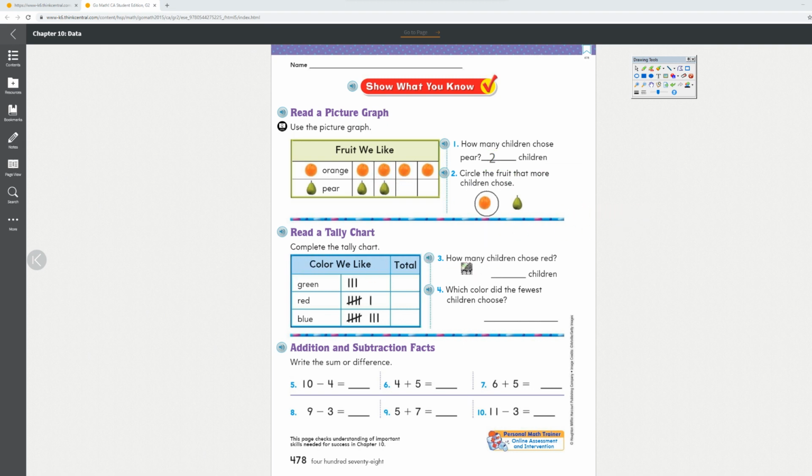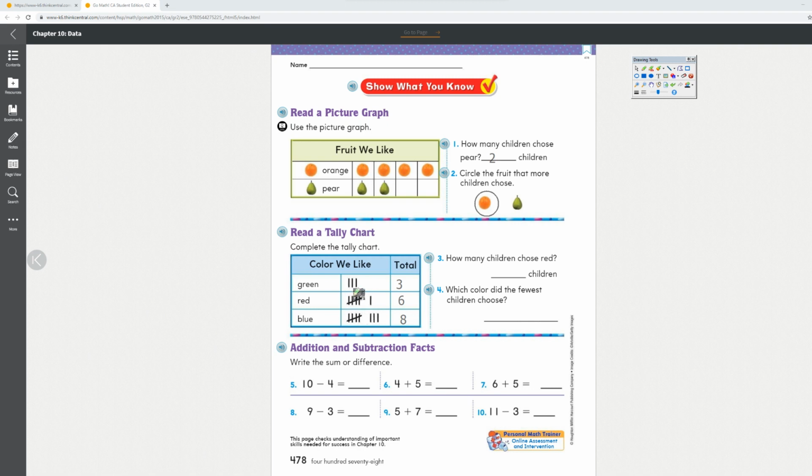For the tally chart, how many children chose red? We have to fill out the totals first. For green, you should have had 3. For red, you should have had 6. And for blue, 8. Remember, class, this diagonal line also counts. So you do have to count it as you're counting.